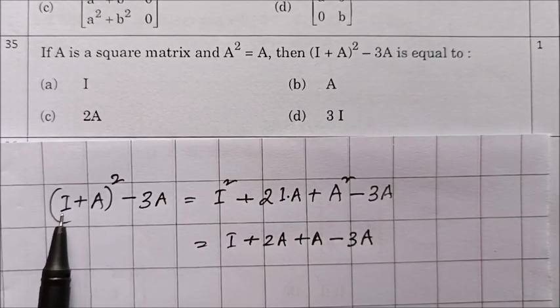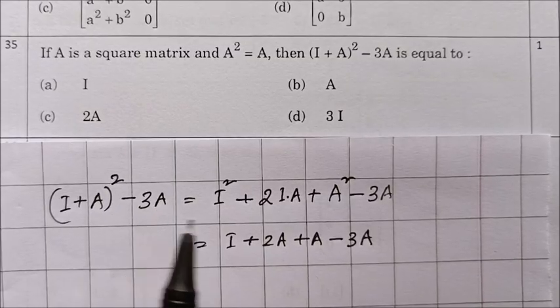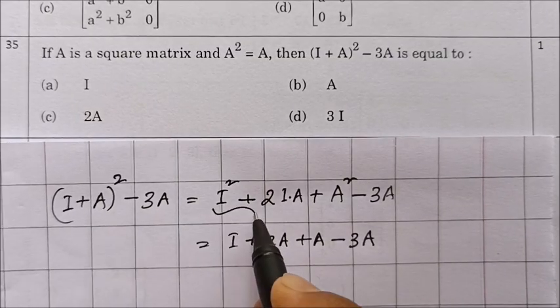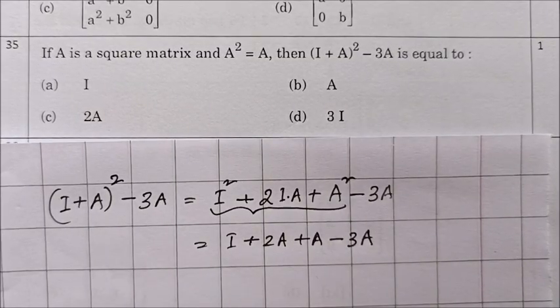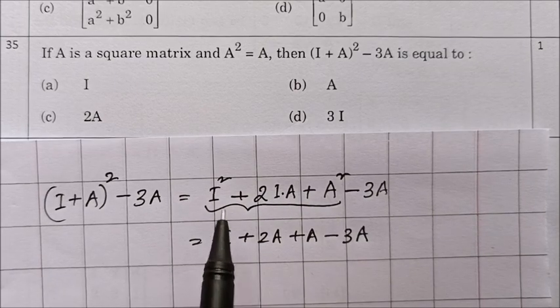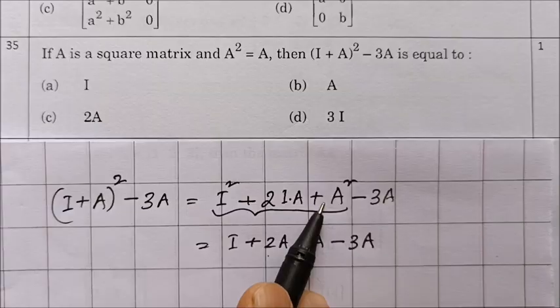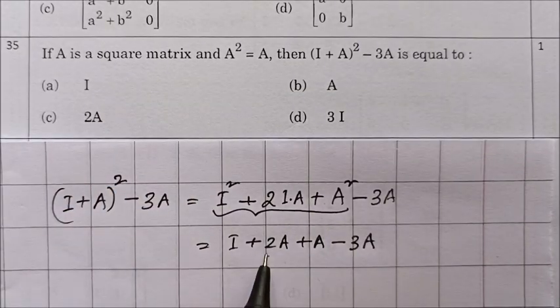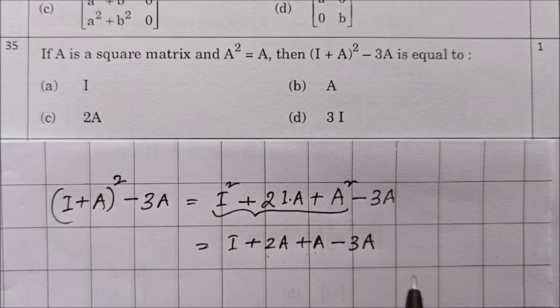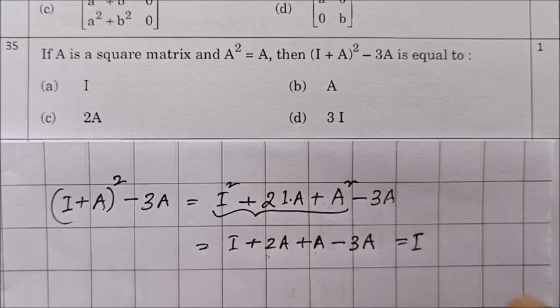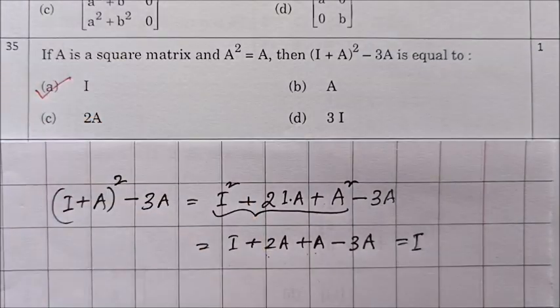So I have written (I plus A) whole square minus 3A. Here in the first term I am using the (a plus b) whole square formula, and I is an identity matrix, so I square equals I, plus 2A, and A square equals A given in the question. So 2A plus A is 3A, 3A minus 3A, so the only remaining matrix is I. So the correct option is A.